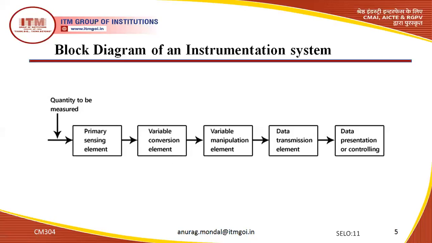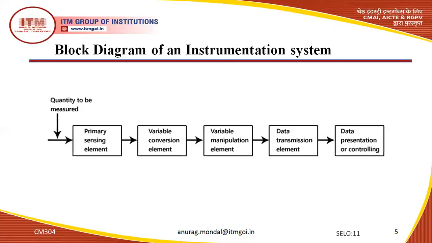After converting the resistance into some voltage or current, we need to maintain the range of the voltage or current, because the whole range of current or voltage can never be transmitted. So the variable manipulation unit should be there to manipulate the output and maintain that range.